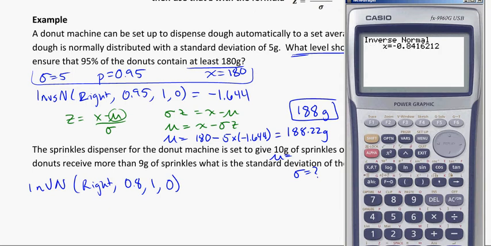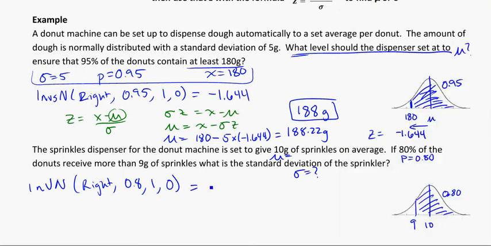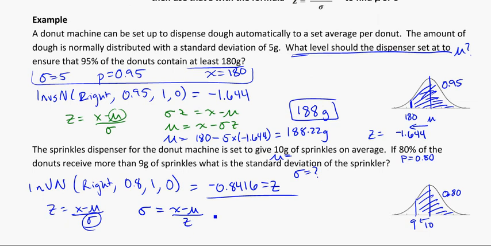My z value that I get here is again a negative, watch for those signs, negative 0.8416, and that's going to be equal to my z, how many standard deviations away from the mean I am. So now to figure that out, I'm going to go back to my formula here, x minus mu over sigma, and this time I'm looking to find sigma, so I'll rearrange for that, timesing it to the other side, and dividing by z, using the information I've been given.